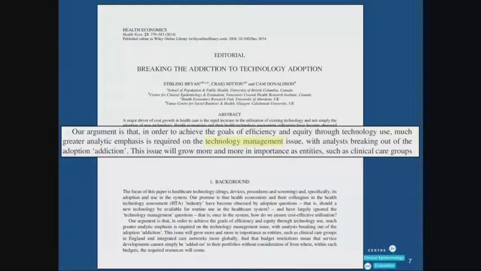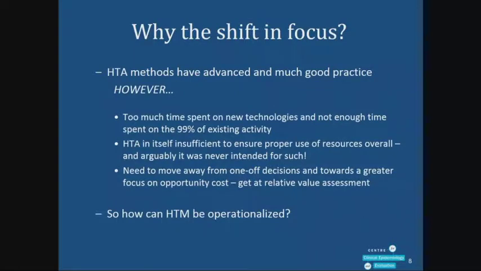And we put it out there because we were seeing an analytic emphasis on the new. And we were trying to challenge those who do HTA work to think, in fact, about that life cycle, about existing technologies. And in my view, what we really need to do is move away from that adoption idea, which is really the 1 or 2 or 5% activity in the system, and get our heads around that 95, 99% of the activity, where we can have greater analytic emphasis across the whole spectrum of services.